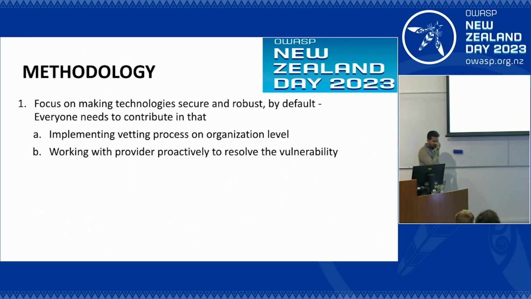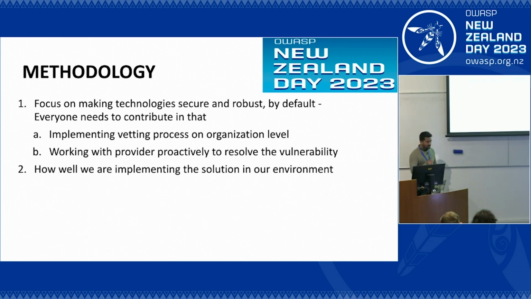And whenever we identify something, we work proactively with that vendor. As a software consumer, we can treat that finding or security flaw as good as our own product flaw, and work actively with them.